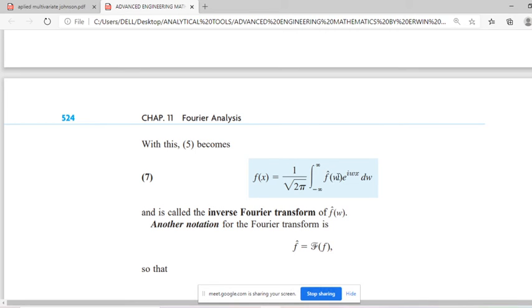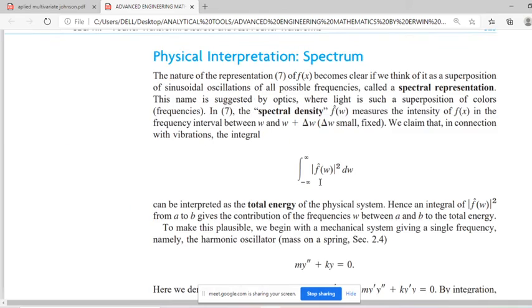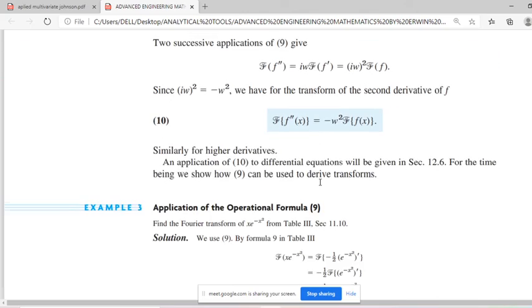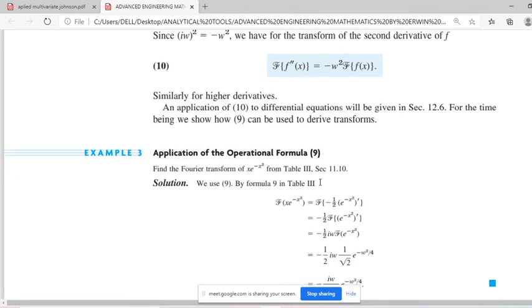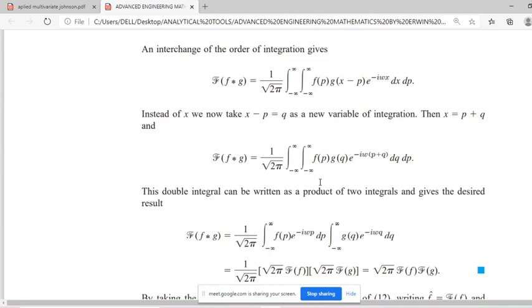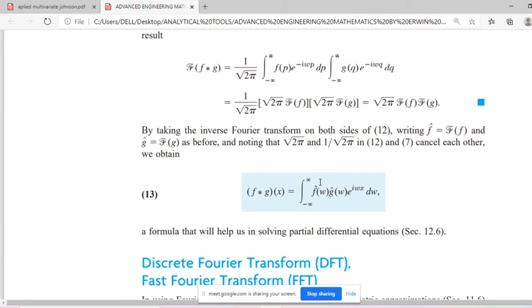And one root 2 pi will be there, that will get cancelled, and you will have the inverse. What is the inverse? f star g of x equals this one, f cap of w into g cap of w e raised to iwx dw.